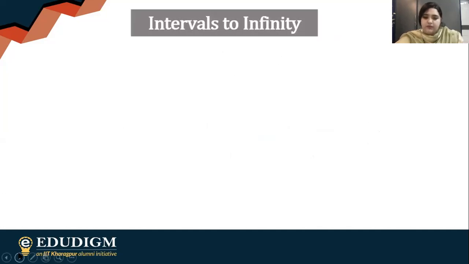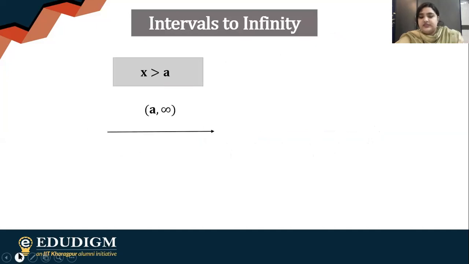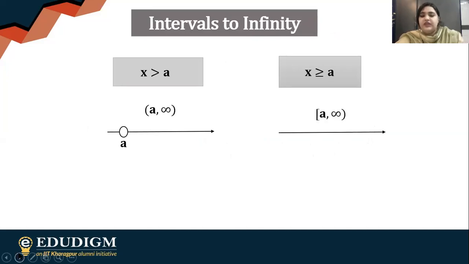Similarly, if you talk about this one, you will understand that this is the general thing. From A, we can go to the right as many steps as we want to. So this is A to infinity, and here we have a closed bracket, A to infinity, because we're including A. If you look at this one, this is hollow, whereas this is closed. So this will represent whether you are including A or not.